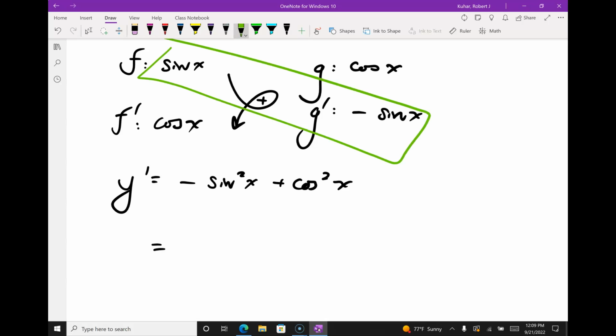Sine times sine, sine squared. I'm going to rewrite this as cos squared x minus sine squared x, and of course all my pre-cal students recognize this as what identity?